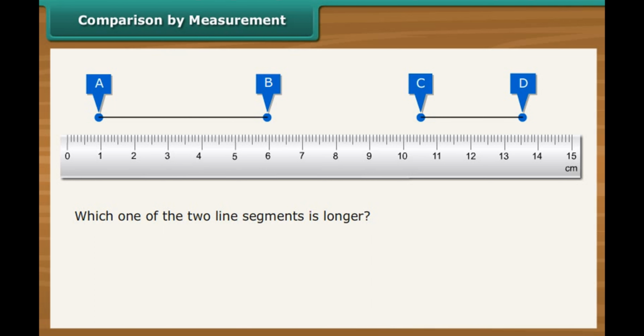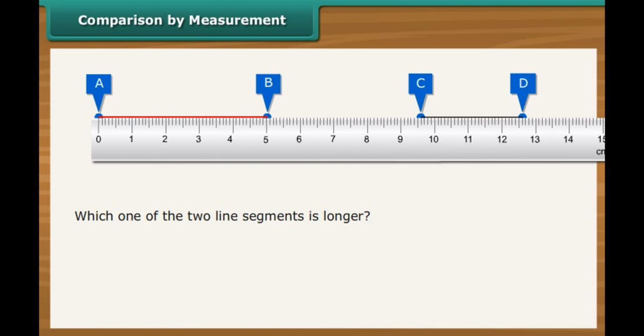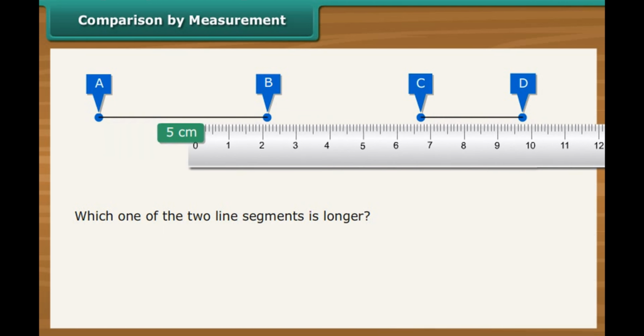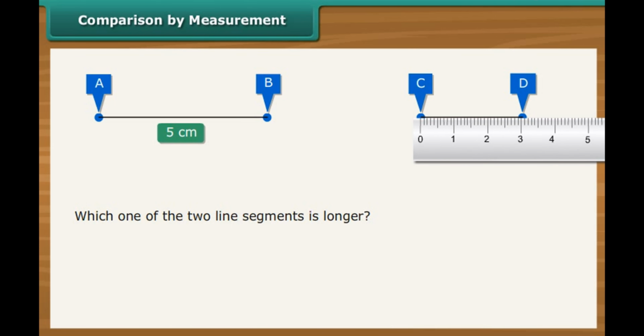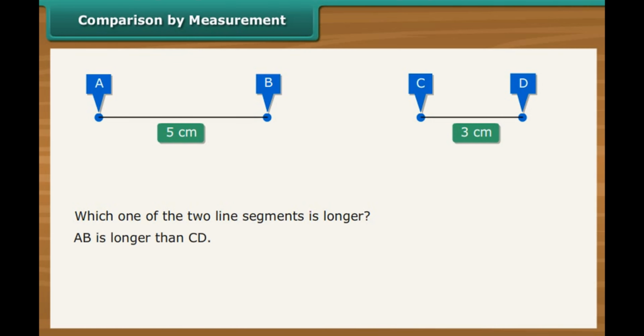Let us use the centimeter side to measure the line segments. Place the ruler beneath AB such that one end of the ruler is right beneath A. Mark the length of AB. It is 5 centimeter. Repeat the process of CD. The length of CD is 3 centimeter. Therefore, AB is longer.